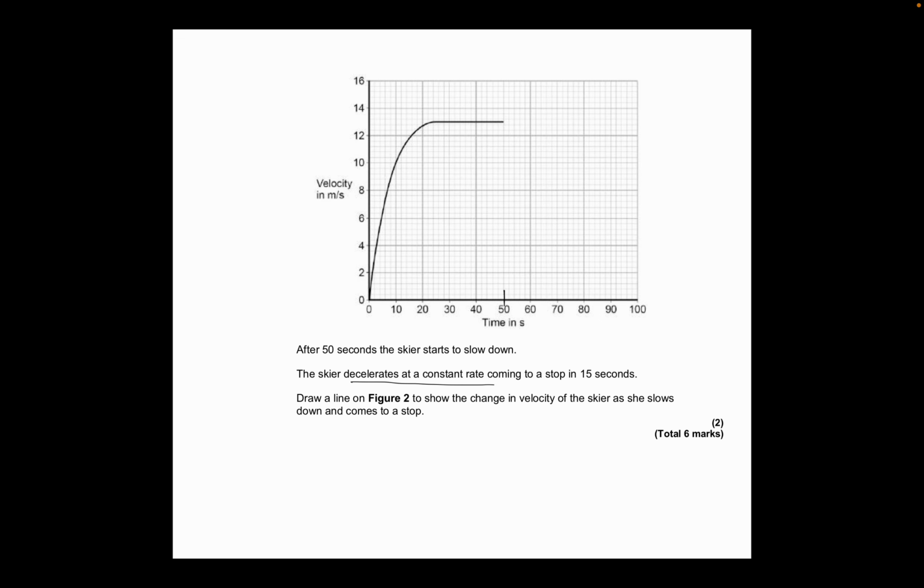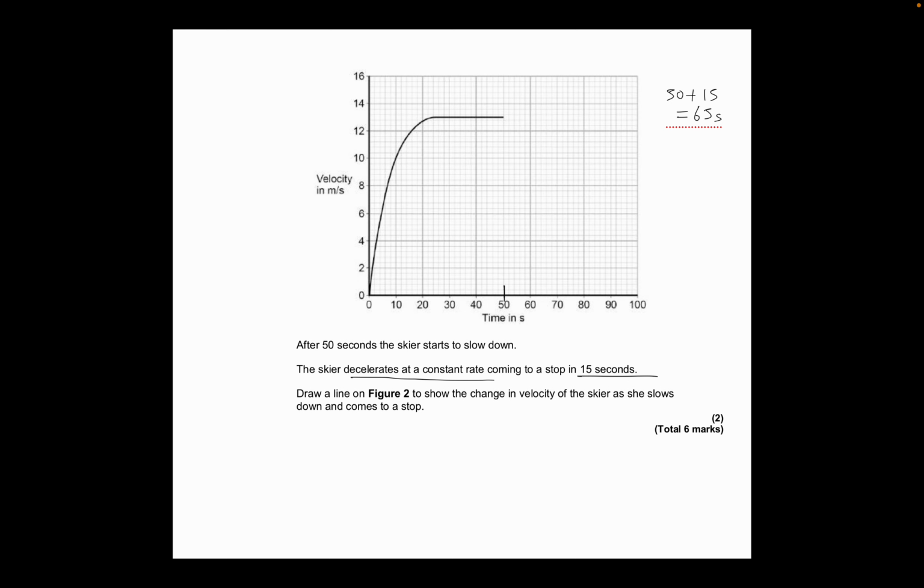So in 15 seconds, that means 50 plus 15 is going to be 65 seconds. Now look carefully. This is after 50 seconds, so we count the time of 50 seconds and then add the 15 seconds extra. 50 plus 15 seconds makes it 65 seconds.